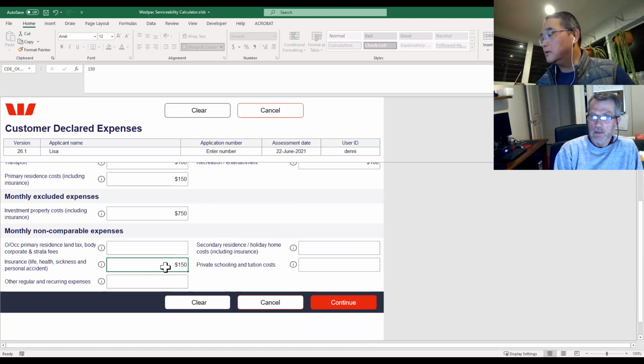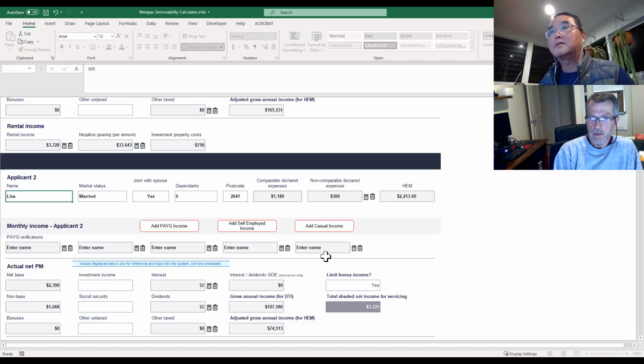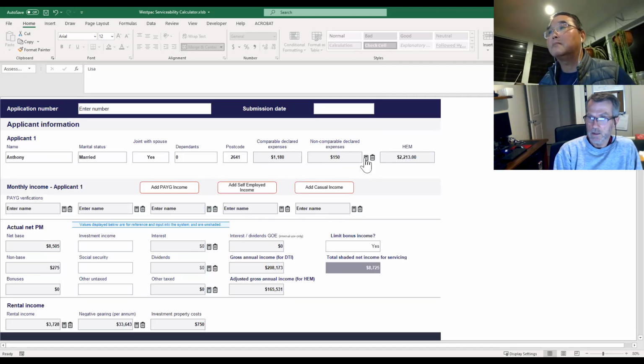Okay, so probably $300 per month is close, right? No, could be double that. Double that. Ooh. Could be, yeah. Oh, so you mean those are fortnightly payments, not monthly?